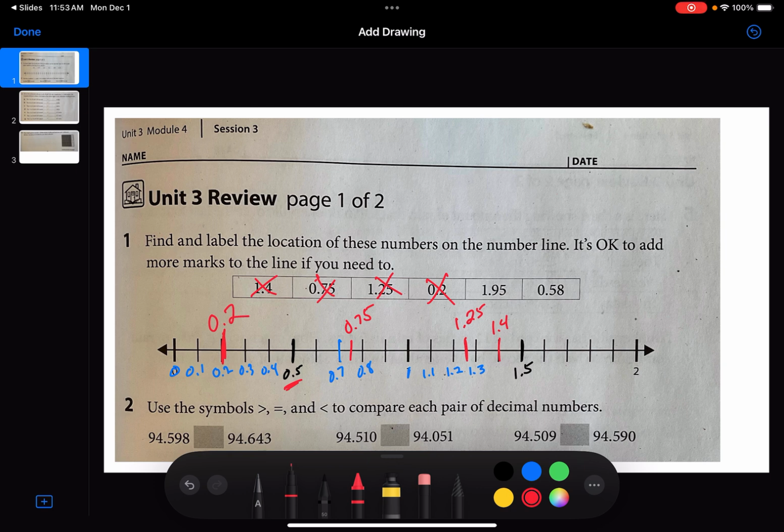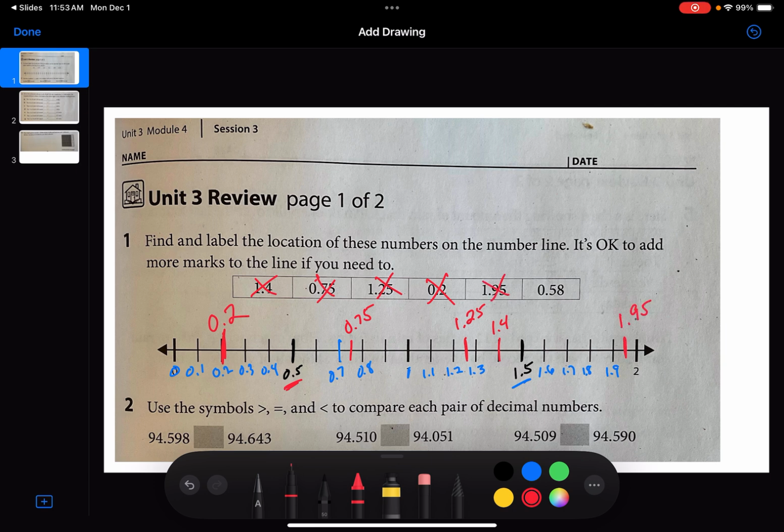Okay, 1.95 is my next one. So let's see, if this is 1.5, this would be 1.6, 1.7, 1.8, 1.9. So 1.95 is going to be halfway between 1.9 and 2.